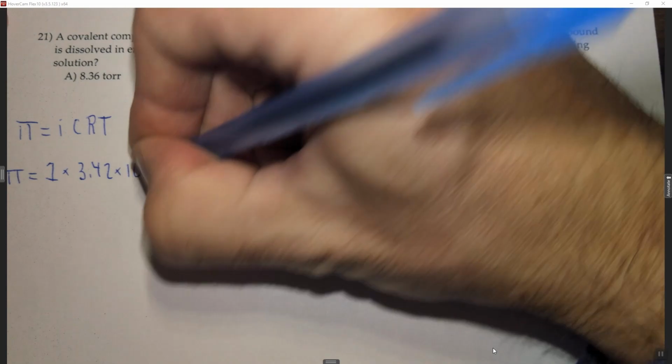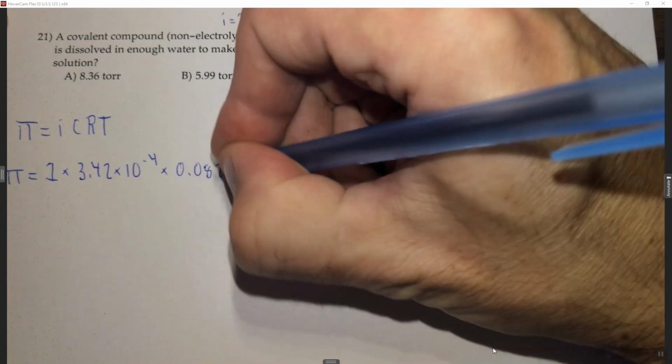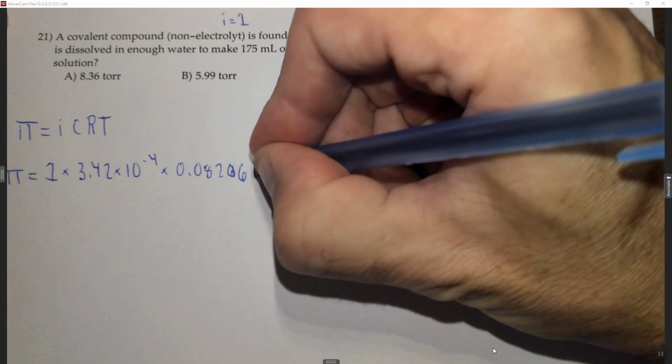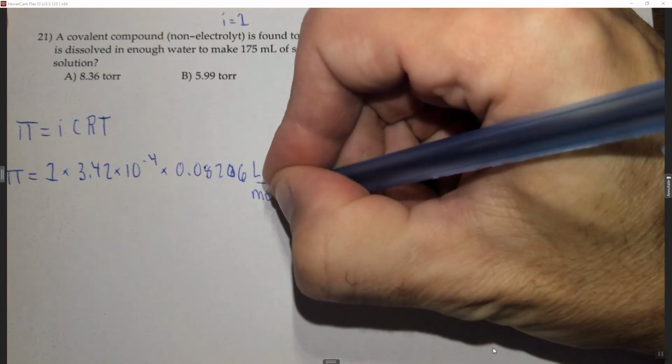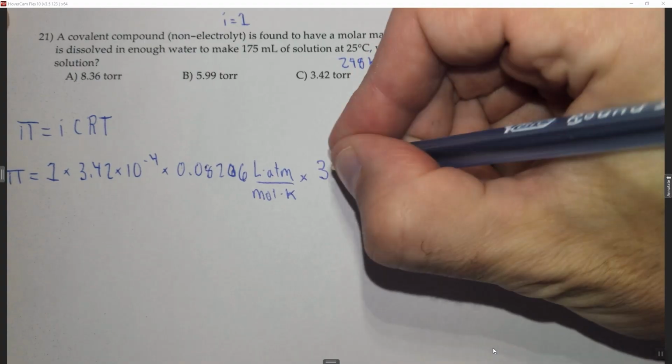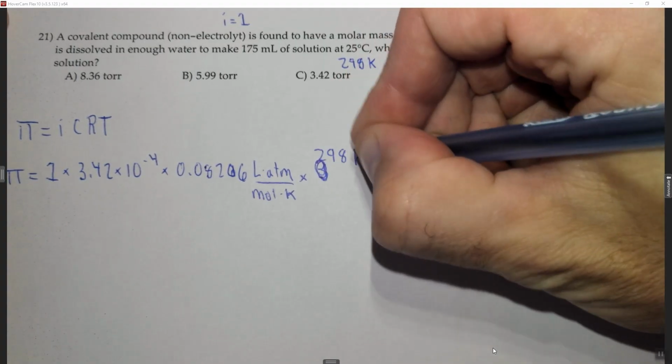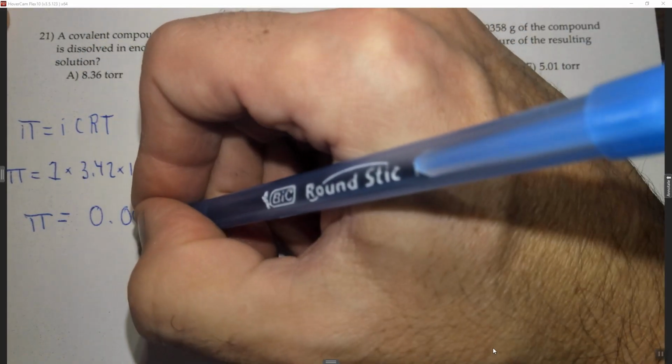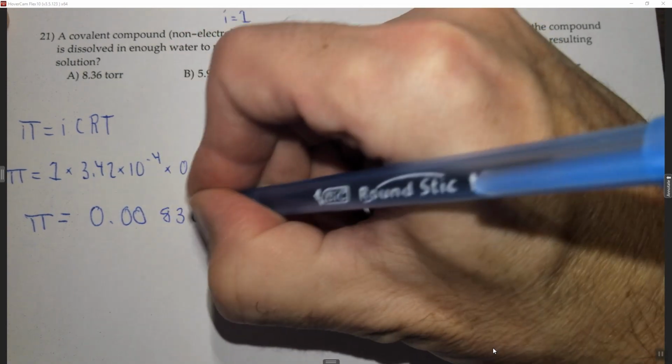So now we can plug in. Pi equals i, it's a non-electrolyte, so i is 1 again, times C, which we just found, 3.42 times 10 to the negative 4, times R, which is 0.08206 liter atmospheres per mole K, the same constant we use in the ideal gas law, times the temperature in K, which is 298 K. When you multiply that through, you find pi is equal to 0.008365.